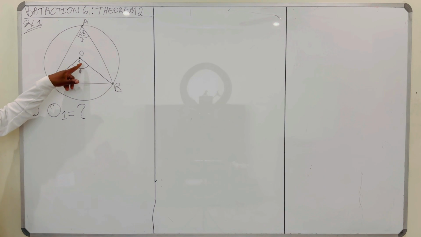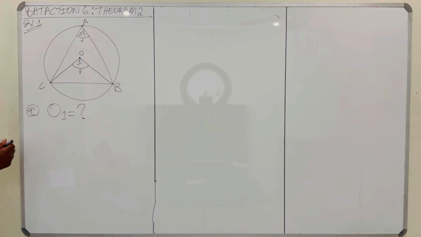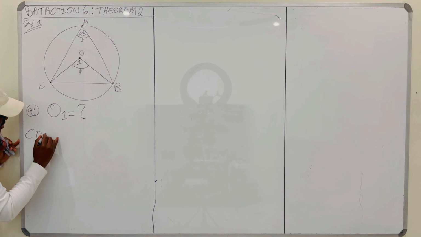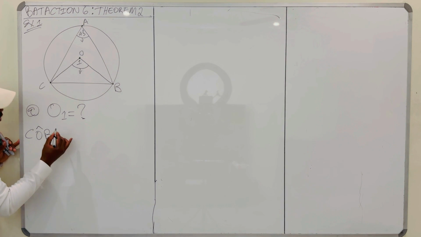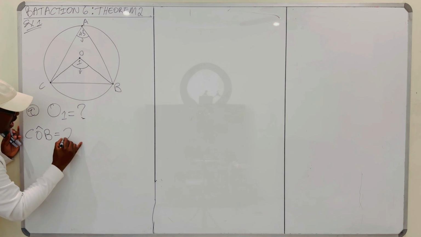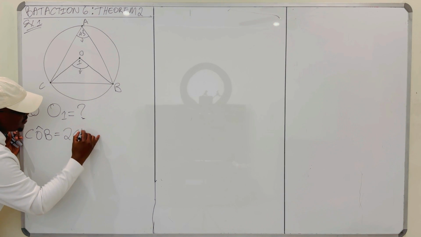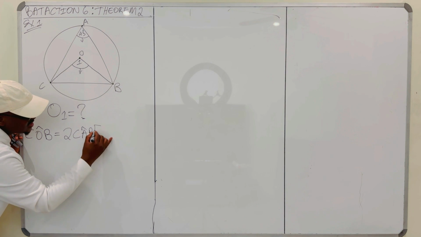So they want O1. O1 is an angle subtended at the center. We just proved theorems about it. Yes. We said the angle subtended at the center is twice the angle subtended at the circumference. Are you with me? Yes. Which means COB is equal to twice what? CAB. What is the reason for it?